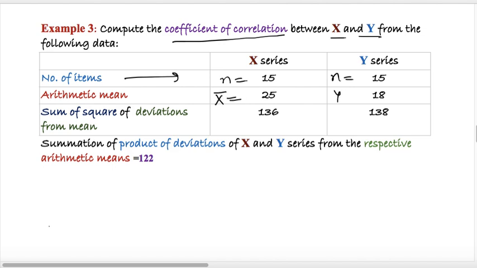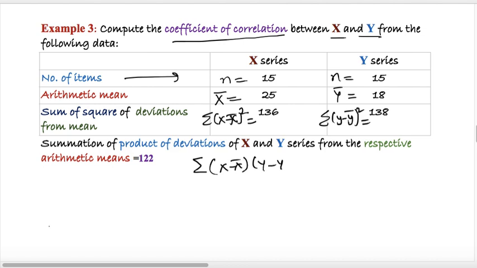The sum of squares of deviations from the mean, sum of (x minus x bar) square, is 136, and sum of (y minus y bar) square is 138. Next is the summation of the product of deviations of the x and y series from their respective means, sum of (x minus x bar)(y minus y bar), which is given as 122.